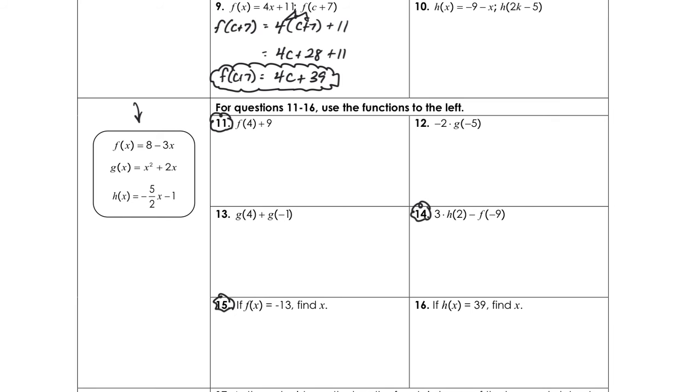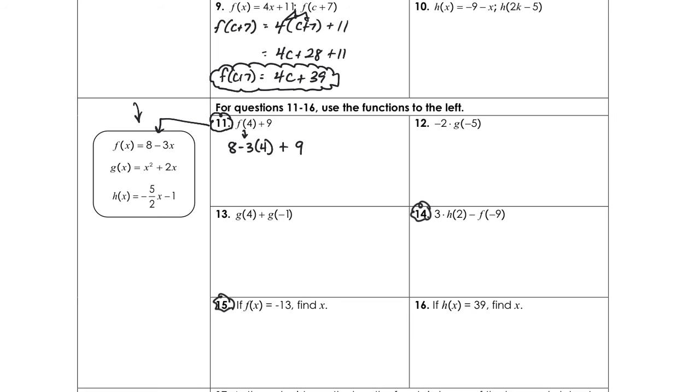So here we go. Number 11 says f of 4 plus 9. What it wants you to do is find the value with an input of 4 in the f function and then add 9 to it. So f of 4 means I'm going to say 8 minus 3 times 4, and then add 9 to that.